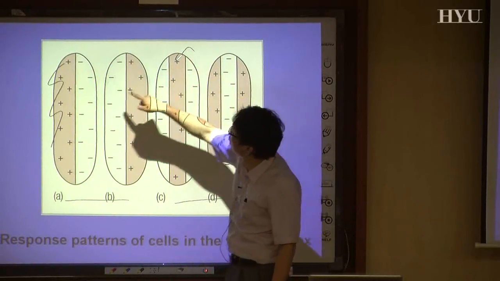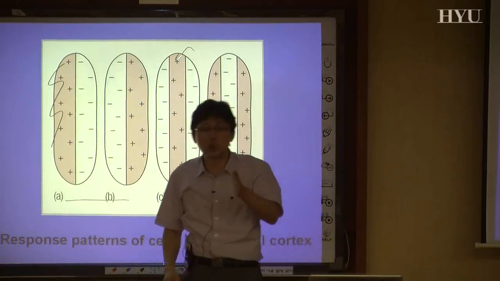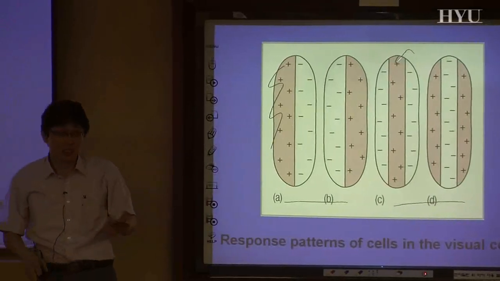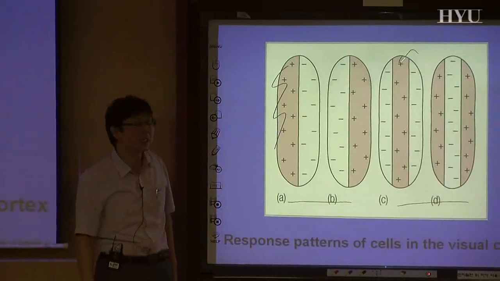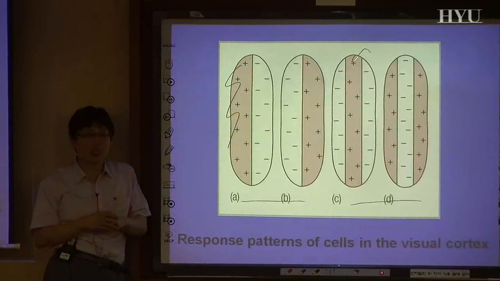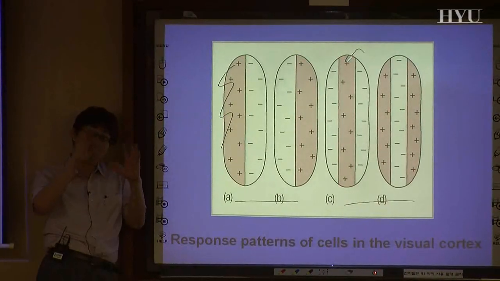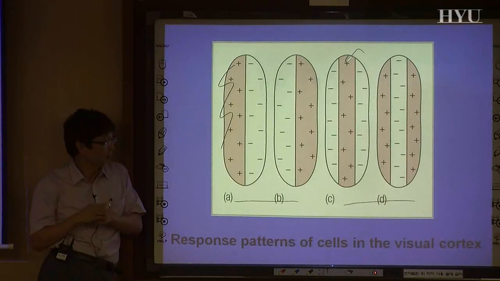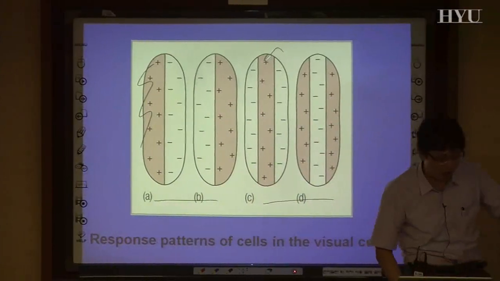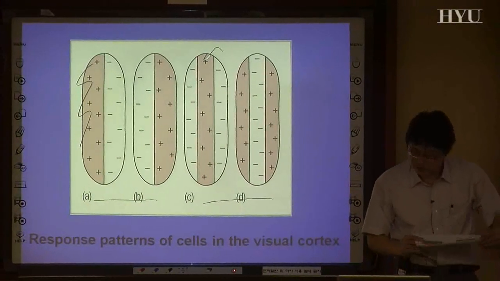This one is bar, this one is edge detector. An edge is normally a black color, and the other side is white. So using these different cells in our ganglion, we can understand the light vision. I don't need the detail of this. Just that this is working in our eye structure.